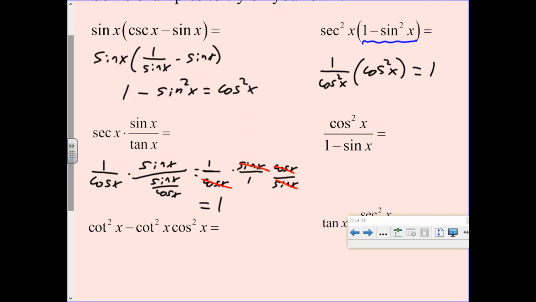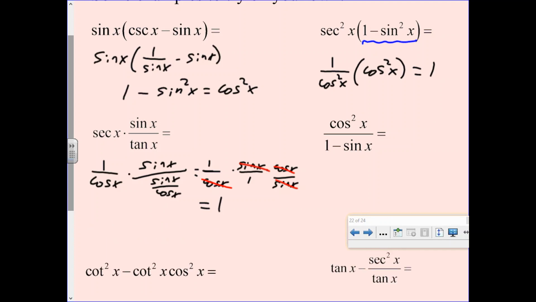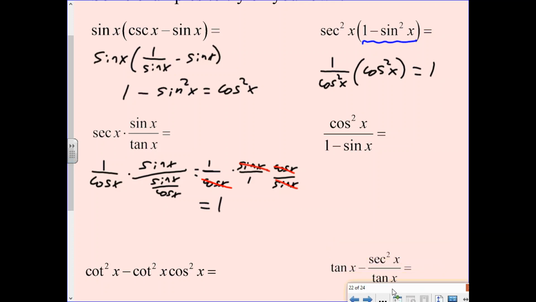For the next one over here, I'm going to slide these things down a little bit because I might need a little more room on this one. So cosine squared x over 1 minus sine x. There's a couple ways you can do this one too. We can multiply by the fancy one, but I think that way is a little bit longer, honestly.